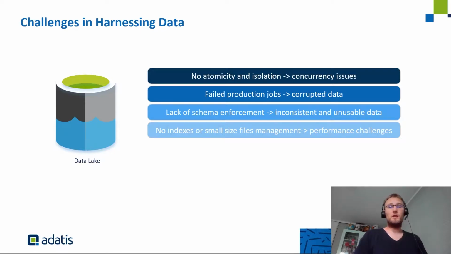We can't create any clustered index, nothing like this. In other words, it's very hard to build a reliable pipeline to a data lake, as we can do in relational database management systems like SQL Server.